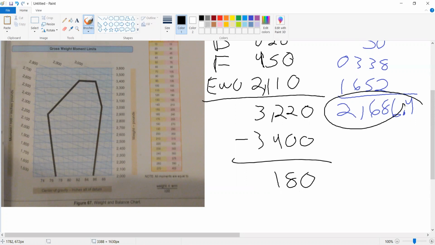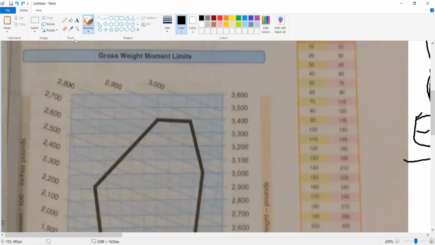So the max number on that, let's see here, 2,684. Let's check that out. So let's say that's about 2,700. Let's just check to see if it exactly is within the limits.